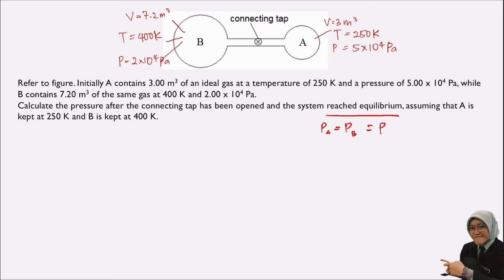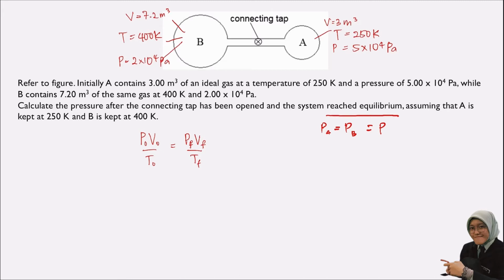We know that all the values are changing, right? So we will use this equation: P naught times V naught over T naught equals P final times V final over T final.